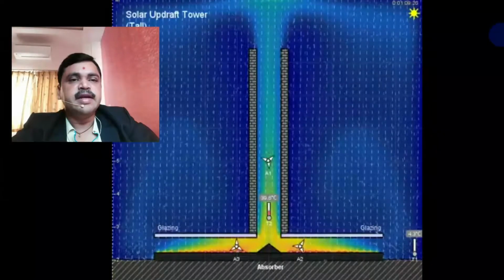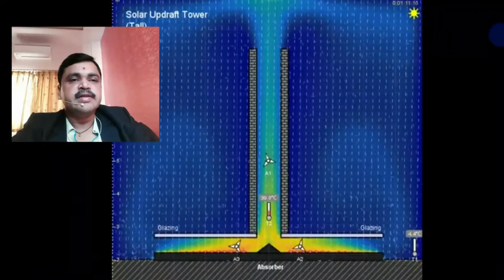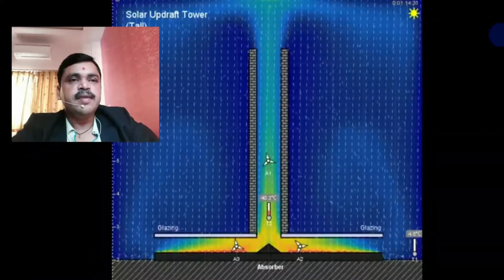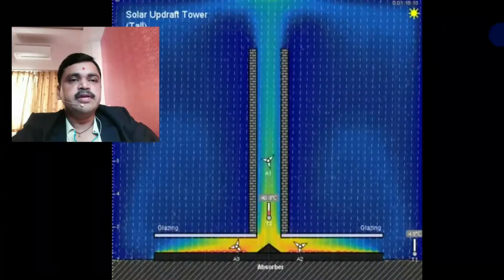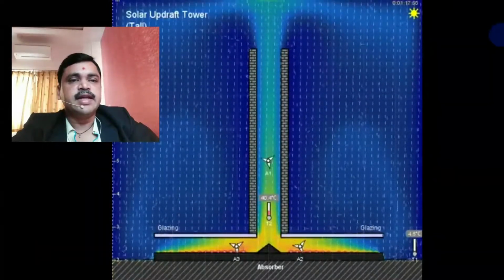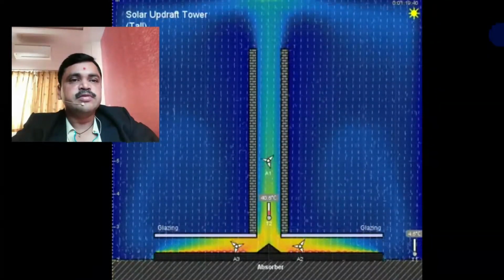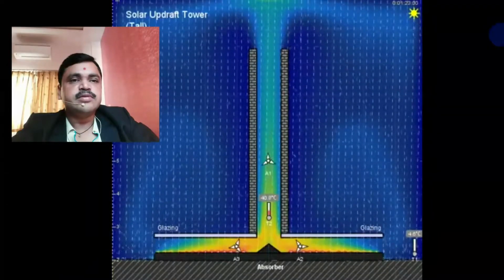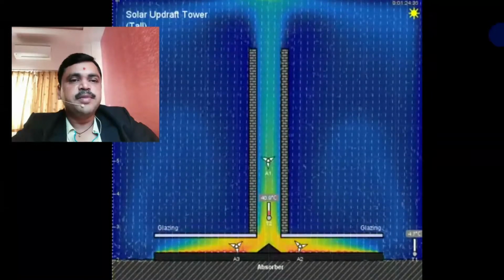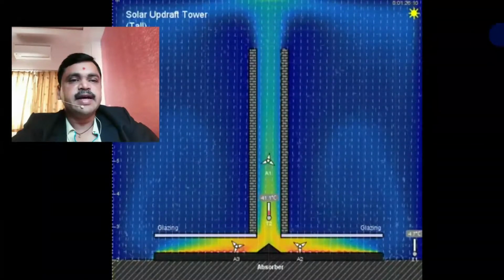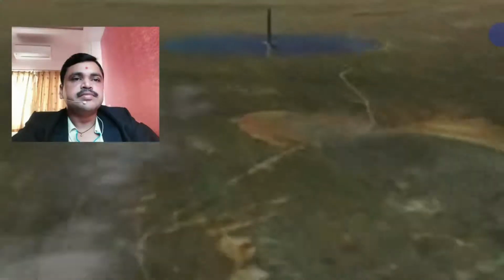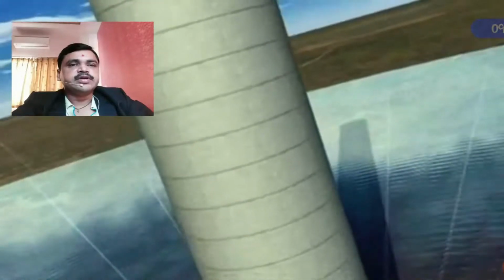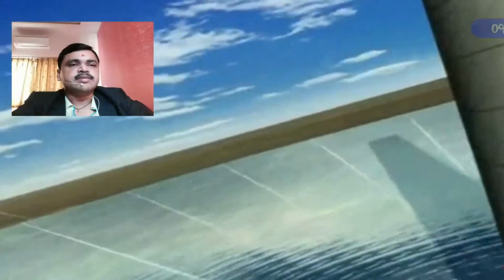At mid-day, the temperature is very high and the efficiency of the hot air is also very high. So the speed of the turbine is high in an actual chimney power plant.